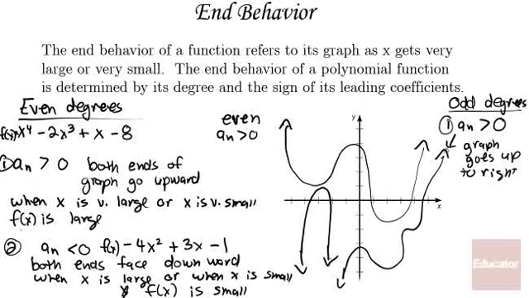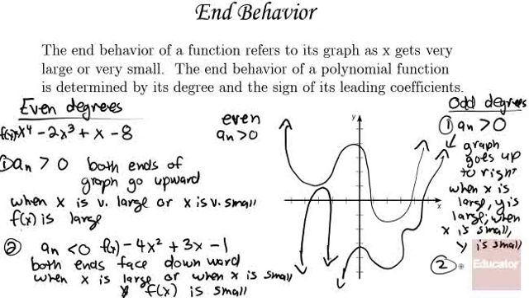So that's this case right here. What this is saying is that when x is large, y is large. Or f of x is large, either way you want to say it. And when x is small, y gets very small. So I just think of it as, okay, x and y are going in the same directions.